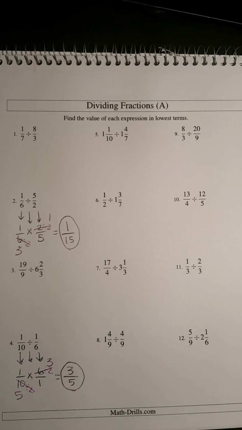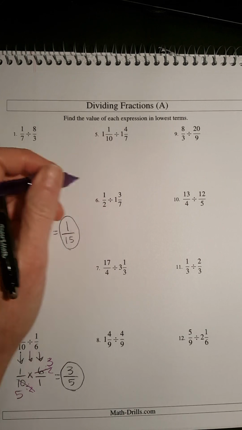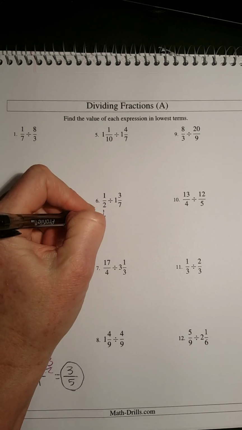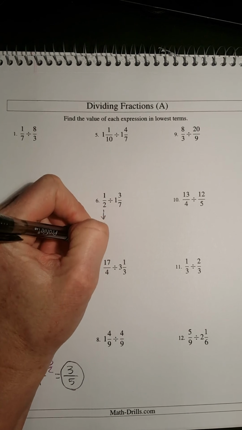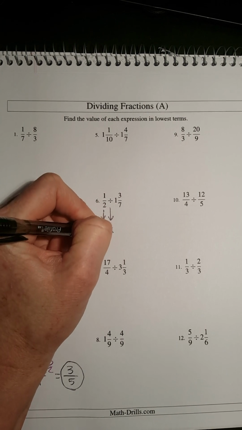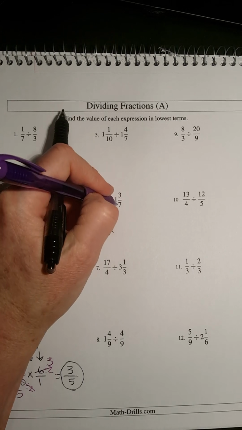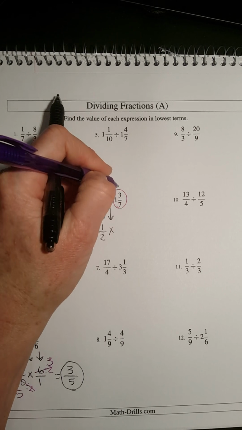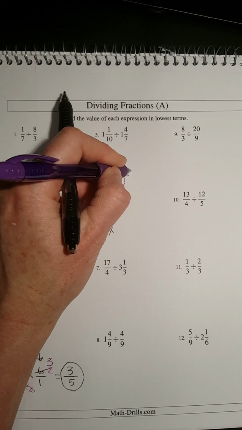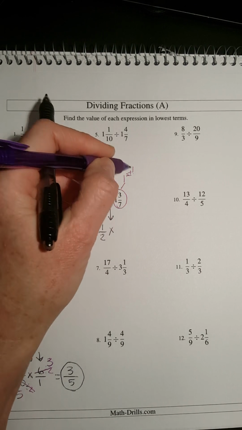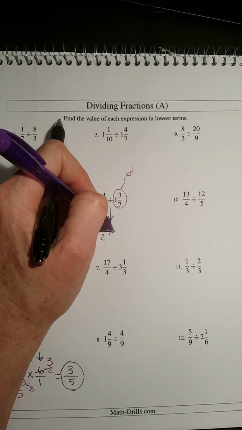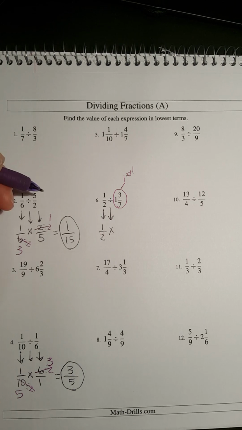Okay, let's tackle, which one do we want to do next? Let's do this one. Okay, so we're going to drop 1 over 2, change, and this one I should change to an improper first, right? I forgot that step. So let's change this to an improper so we can actually put it as part of the problem here.